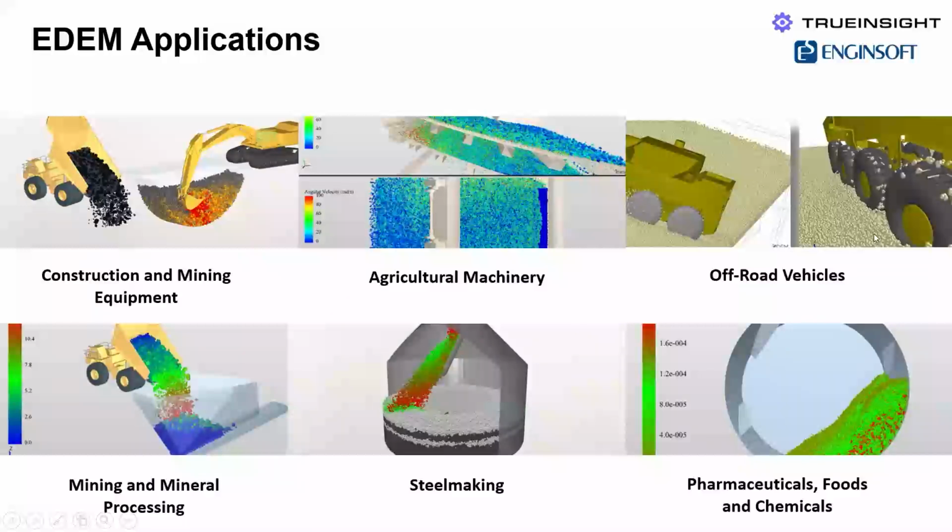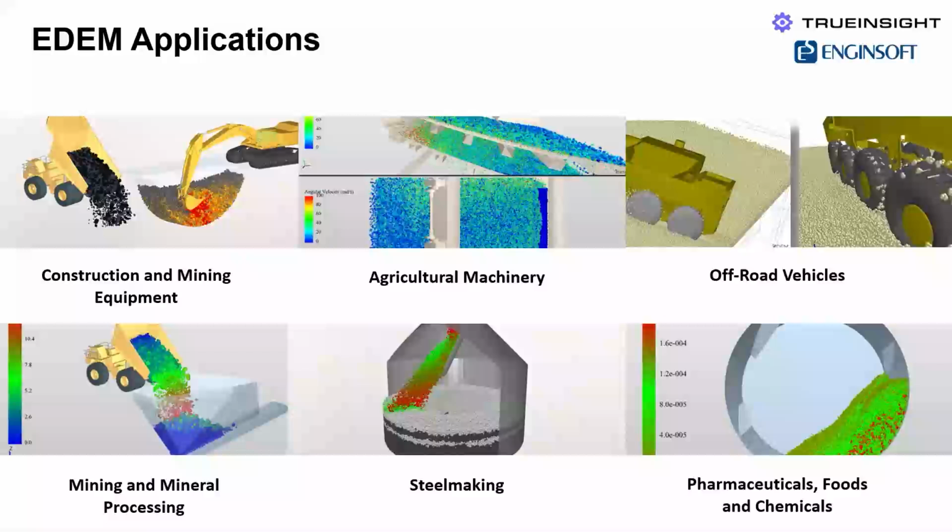Off-road vehicles, the application here is focused on the soil characterization, and soil modeling is extremely important to understand what are the mobility capabilities of these vehicles. And these kind of assessments are not easy to do in the field.